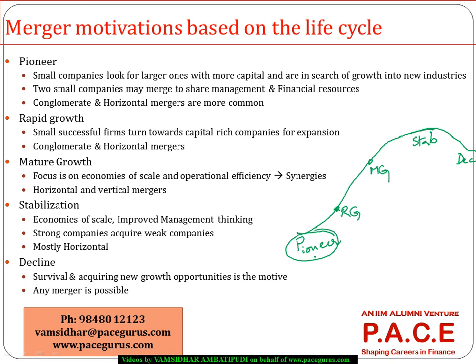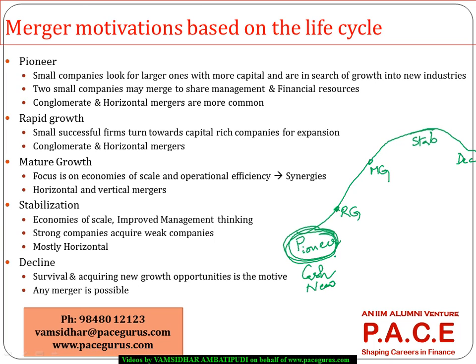Here the companies require heavy cash, right? Or probably there's a new business idea, so they want someone to really invest in this particular business idea or use the talent of these companies for their growth.